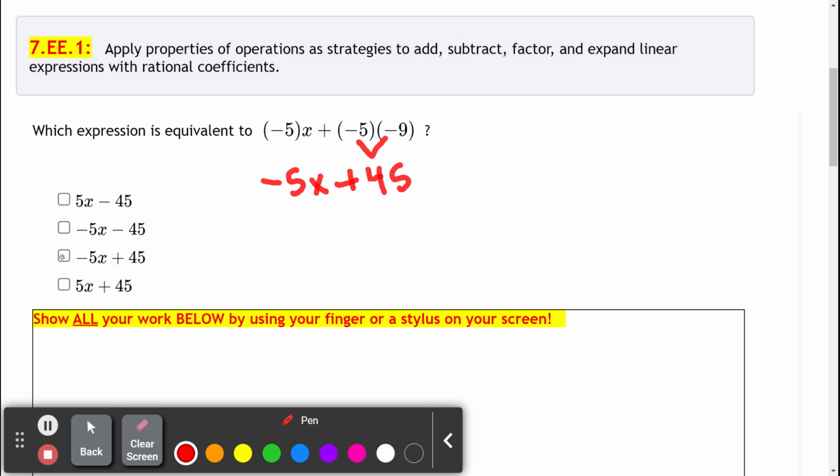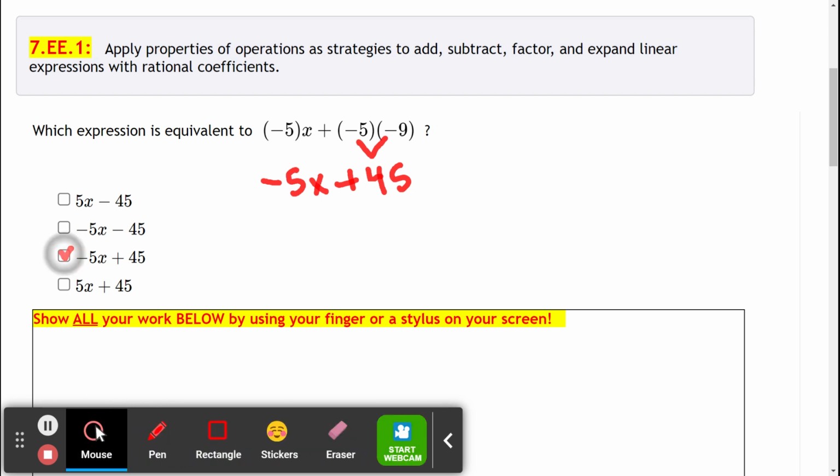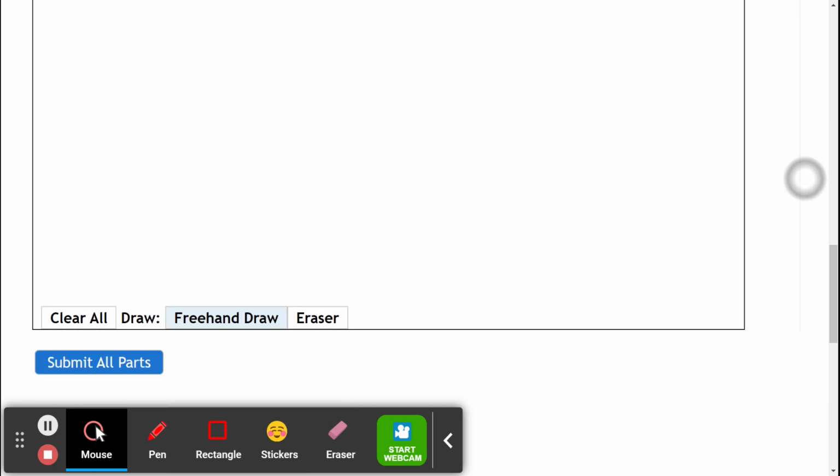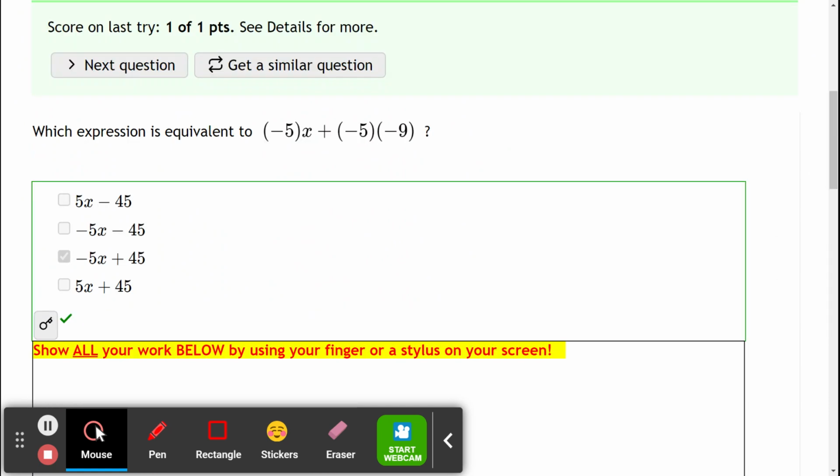I believe it is just this one, and I will check. It looks like that's it. Okay, I will submit that. And it's good.